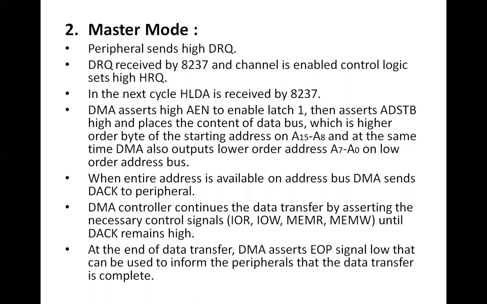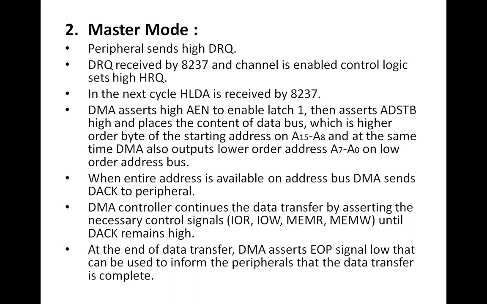When this DRQ signal is received by the DMA controller through a certain channel, and that channel is enabled, then the control logic of the 8237 puts the hold request signal high. And this hold request signal is connected with the hold signal of the microprocessor.